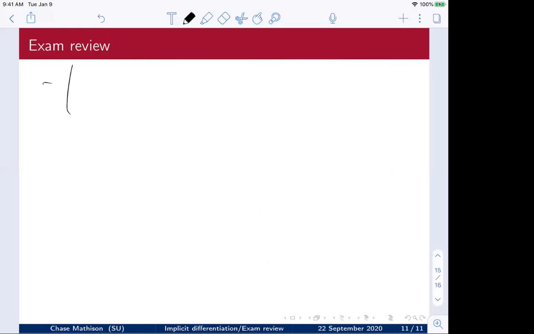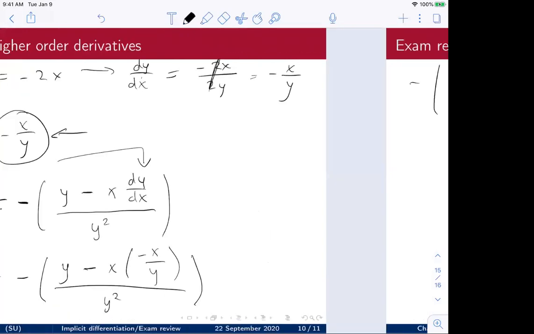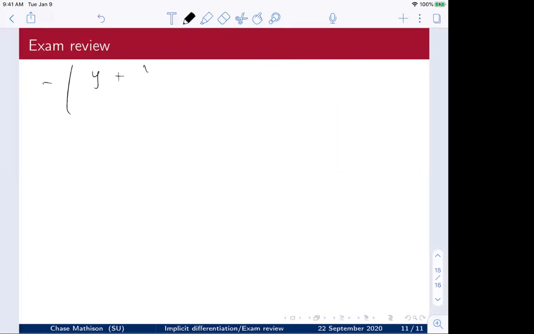The rest of this is just simplification. So negative y plus x squared over y, all over y squared. If you wanted to leave it like this, if you were in a time crunch on an exam, I would probably give you full credit for this. But let's go a little bit further.